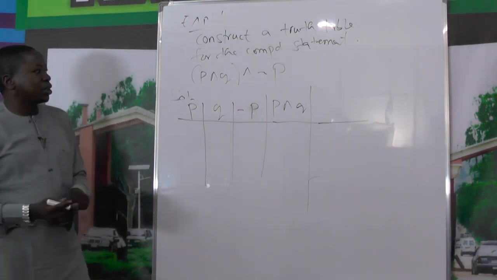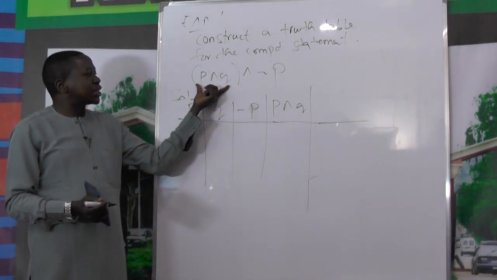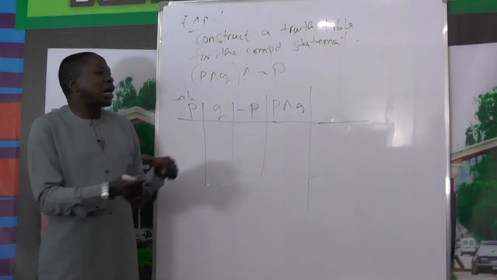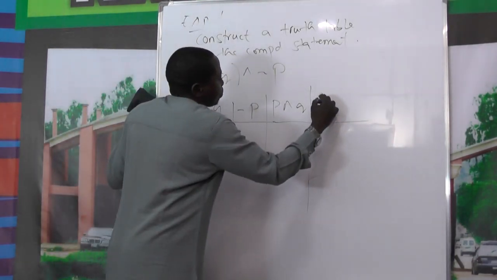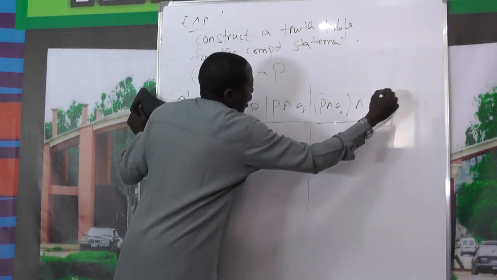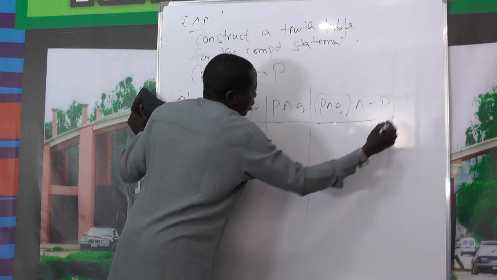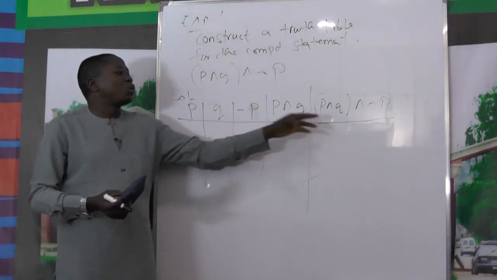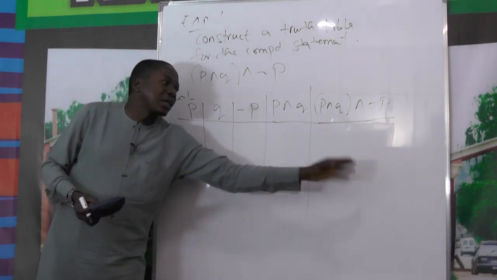What can you see again? We can see P and Q, this bracket, and this. So everything will now appear here: P and Q, and my negation of P. You know I told you this question will appear in the last column.